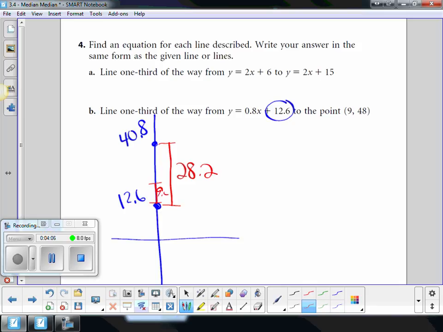So the question is, how far up would you land if you started at 12.6 and you climbed up 9.4? Where would you land? 22. That's why I believe the answer key that the book produced was incorrect. I think the equation of this line would be y equals 0.8x plus 22.